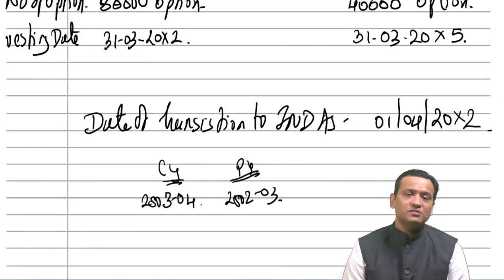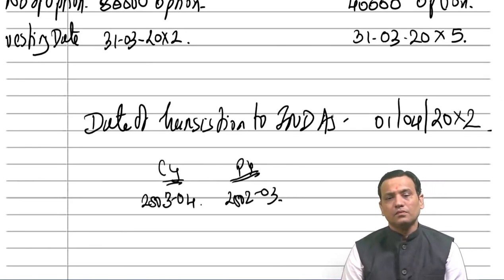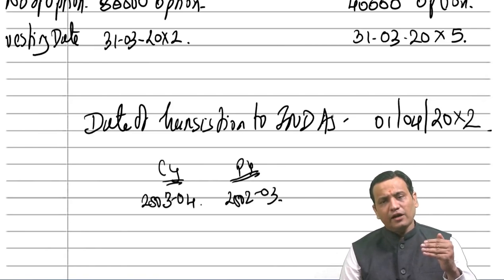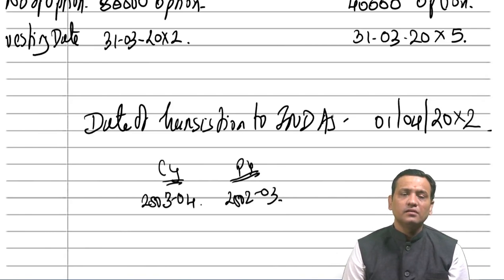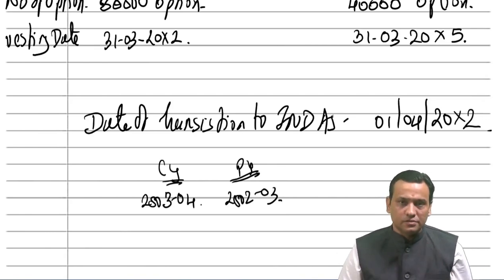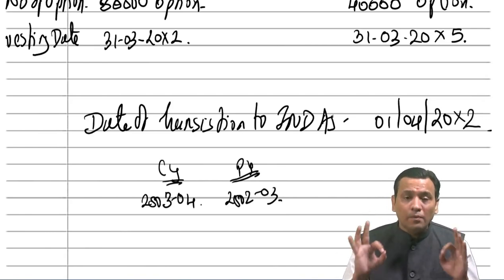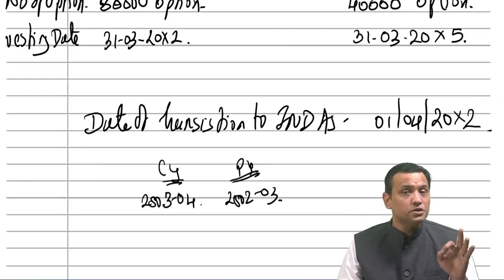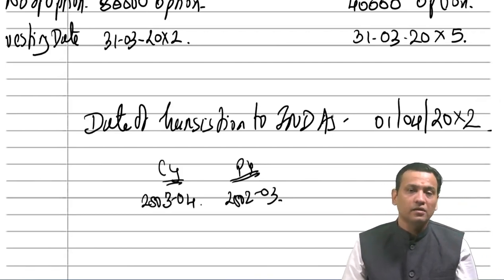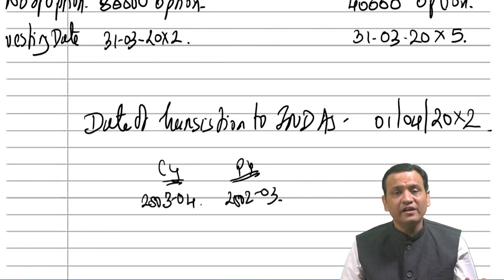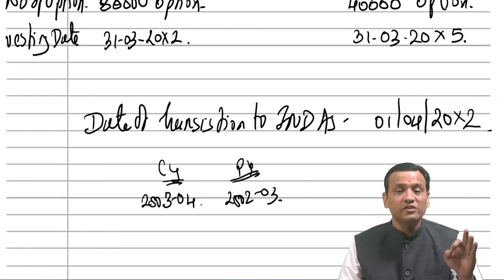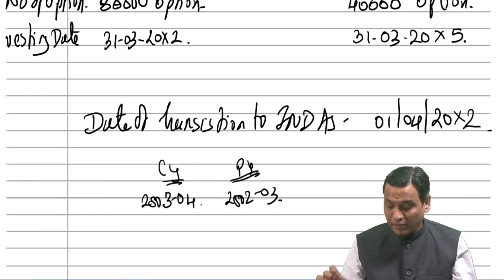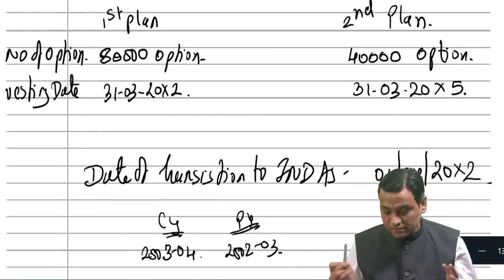As per Ind AS 102, when an entity adopts Ind AS for the first time, then it has an option not to apply the principles of Ind AS 102 to all those options which have been vested prior to the date of transition.